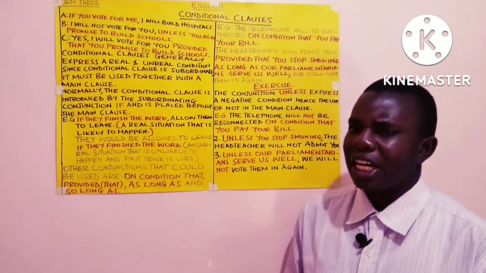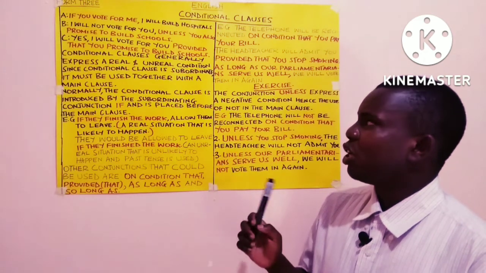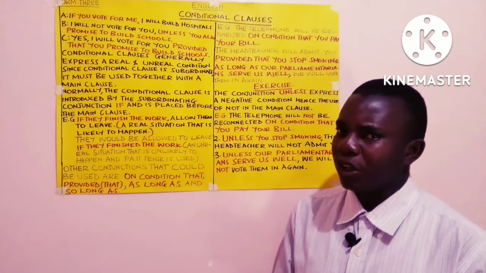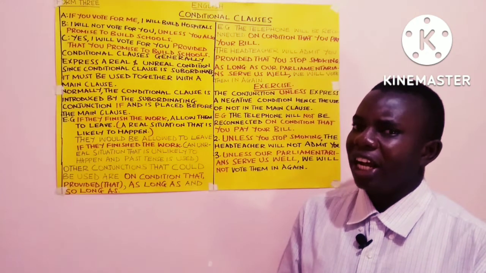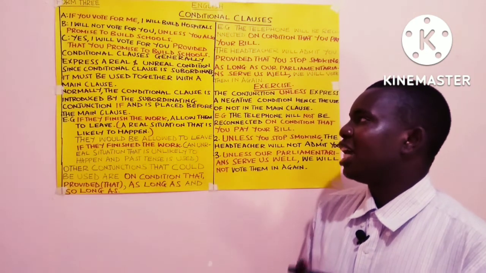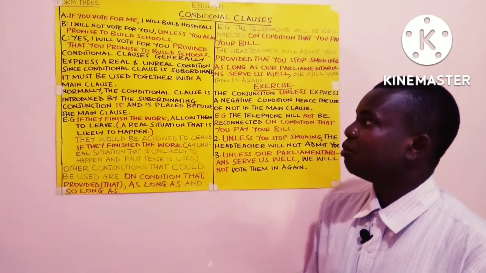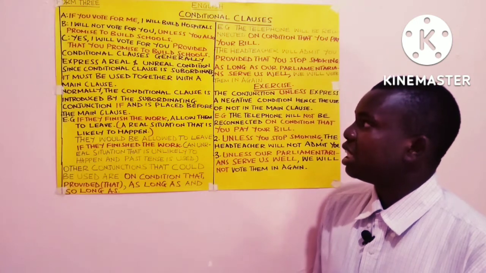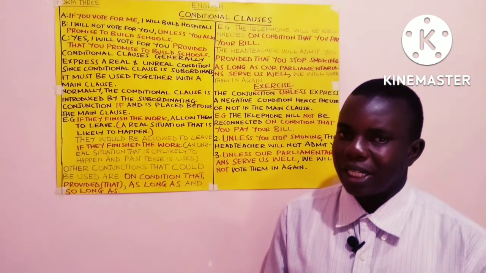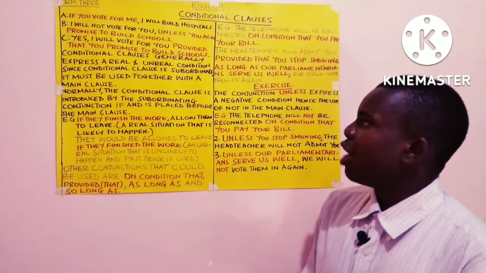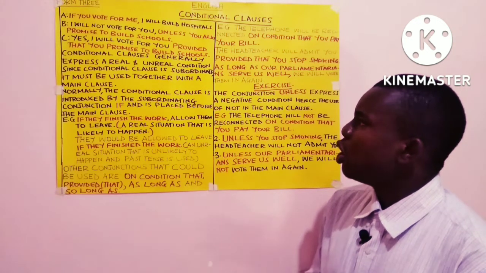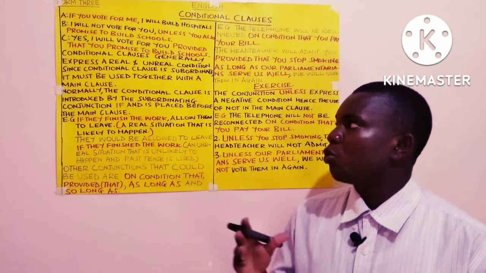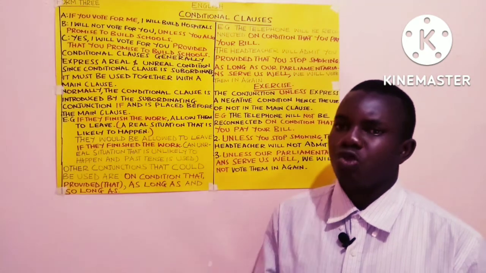For instance, in part A, the politician makes it clear that he will not build hospitals unless the electorate votes him in. In the second example, the electorate makes it clear that they will only vote for the politician on the condition that he also promises to build schools.